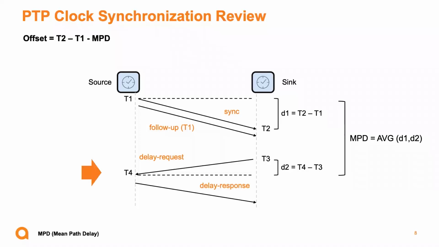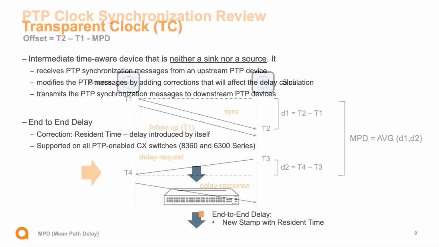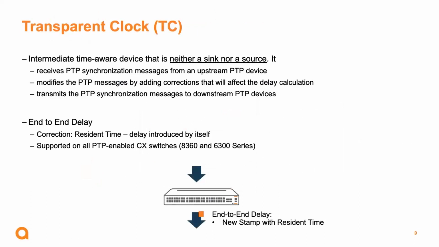Now, we will focus on the delay request and responses, and take a look at that part of the process. When you have a transparent clock in between the source and the sync, the transparent clock is neither a sink nor a source, so it does not have the capacity to timestamp the transmission and reception of those packets.